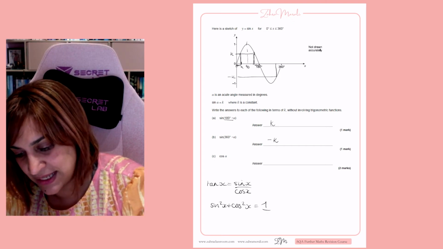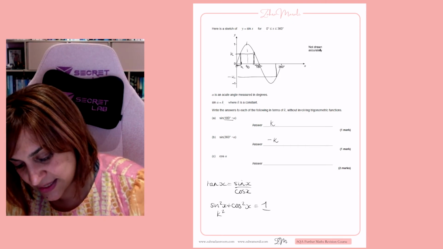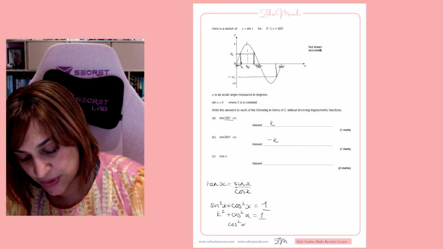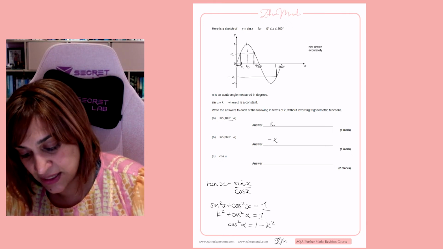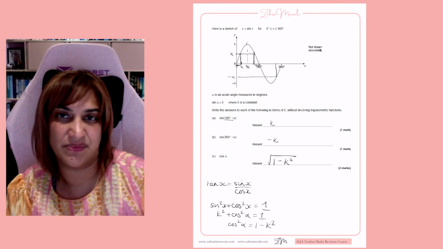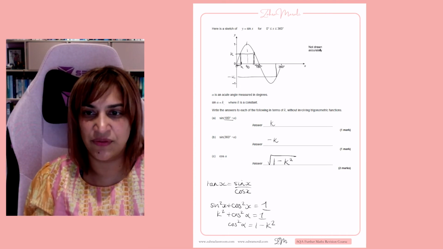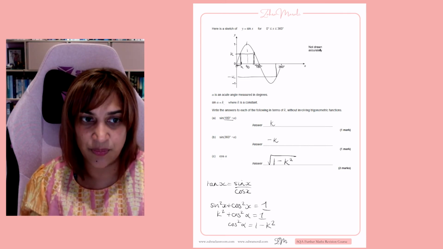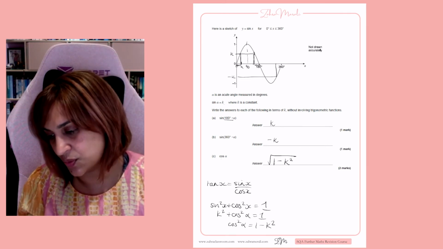So if sine is k, k squared plus cos squared alpha equals 1. So cos squared alpha is 1 minus k squared. So cos alpha is the square root of 1 minus k squared. That's a little bit mean. We haven't really looked at the trig identities. We're going to start to look at them now. But that's the sort of thing that you'll see.